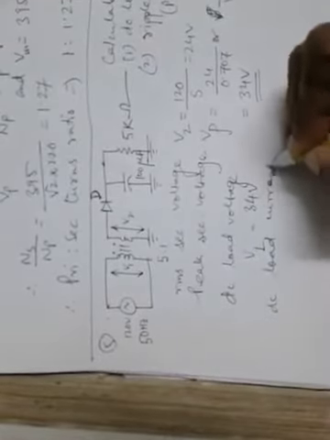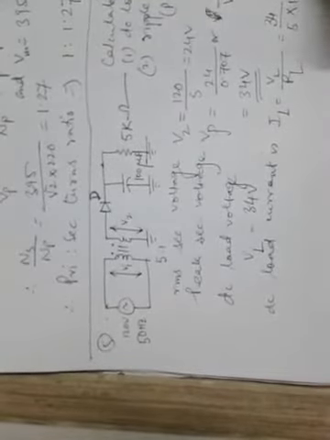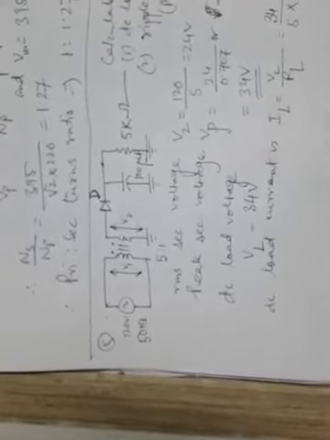If the DC load current is denoted by IL, that is VL, which we have found just now, divided by RL, the load resistance, that means 34 divided by 5 kilo ohm, 5 into 10 to the power 3, this is 6.8 milliampere. So the current we have found.